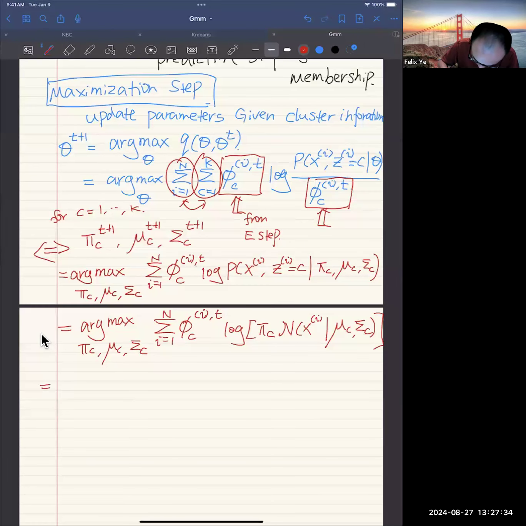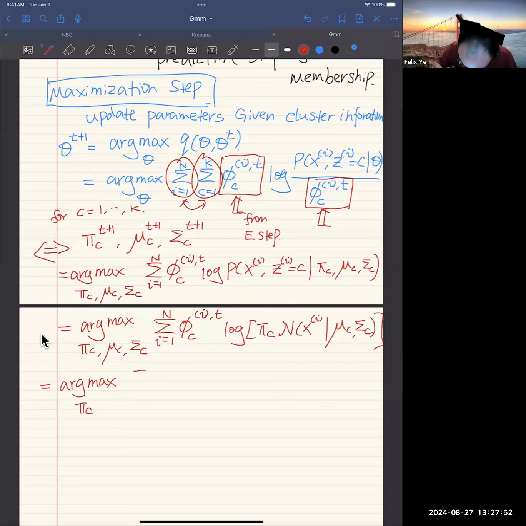Then we can split it up, the term for pi c and the term for mu c and sigma c.